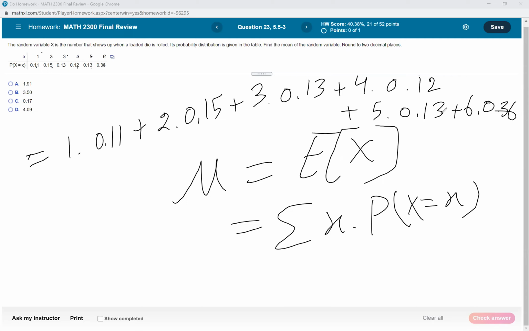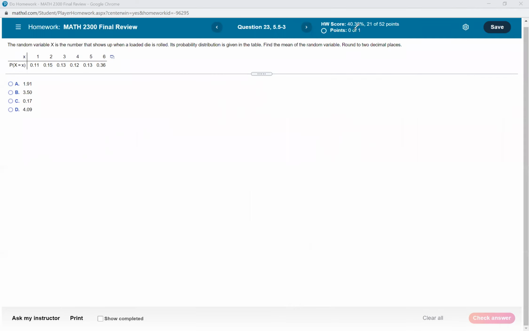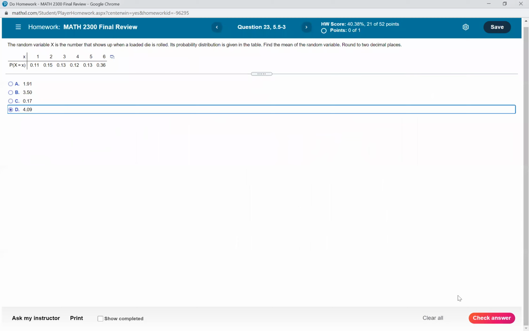That is 0.11 plus 0.3 plus 0.39 plus 0.48 plus 0.65 plus 6 times 0.36, so it is 4.09. So the expected value is 4.09, and the correct answer will be this one. Okay, let me clear all the drawings.